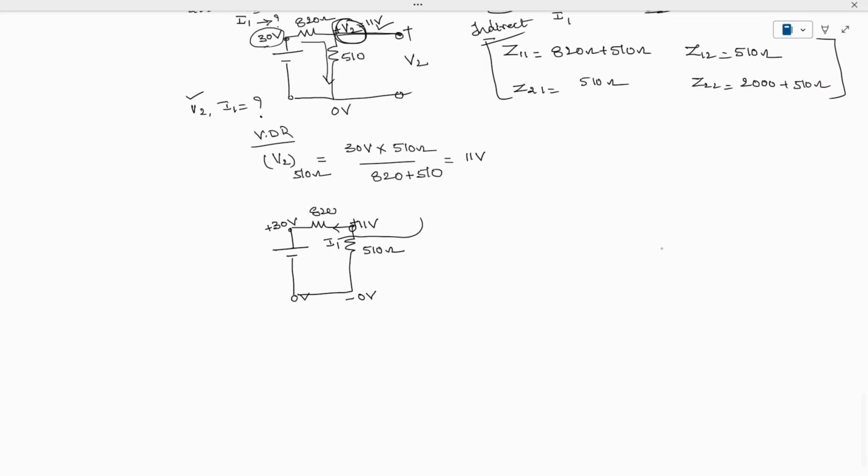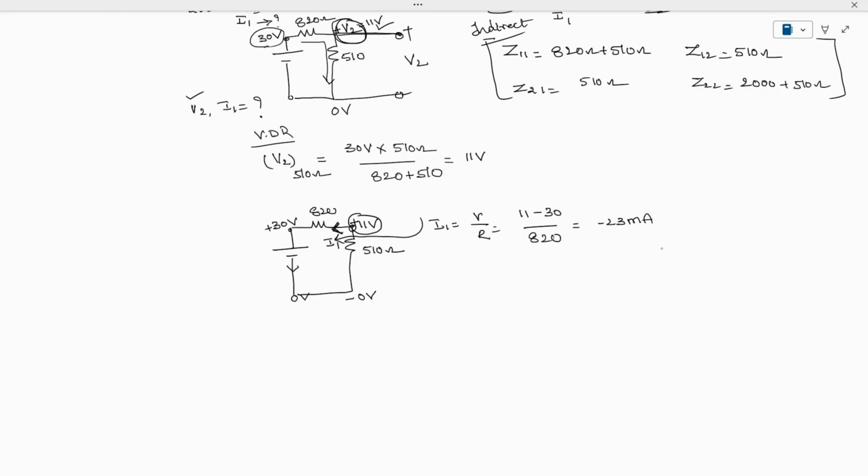How to find the value of I1? I1 is equal to V by R. How do we write the voltage? Current is leaving, so we take the leaving polarity of the voltage: 11, and the next leaving terminal is minus 11 minus 30, divided by R, which is 820. Using the calculator, since it is the negative terminal, we get minus 23 milliamperes.